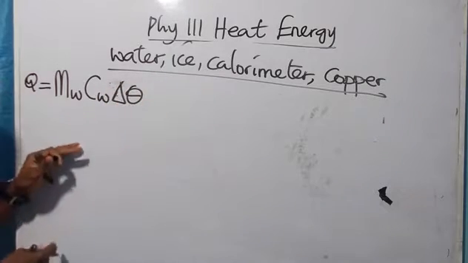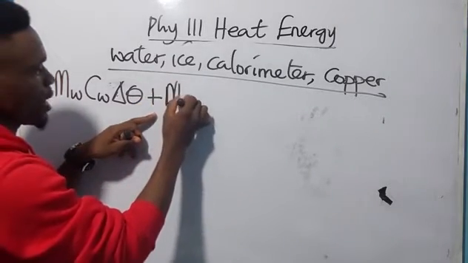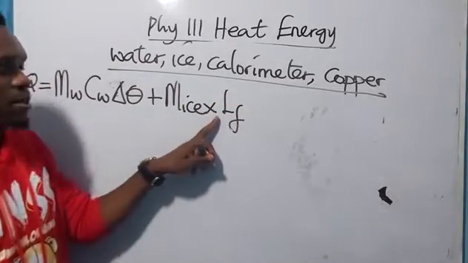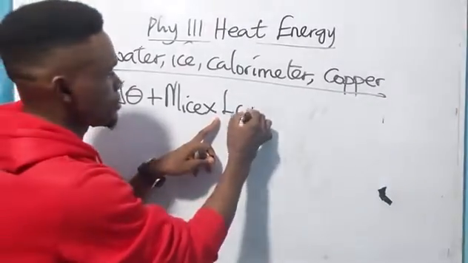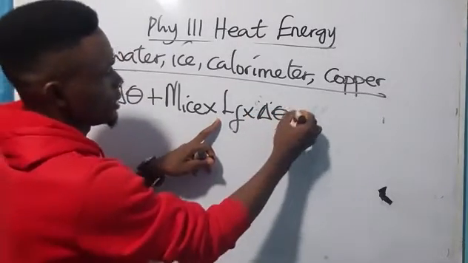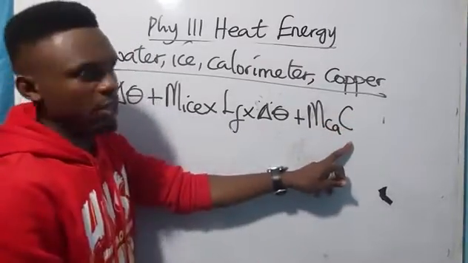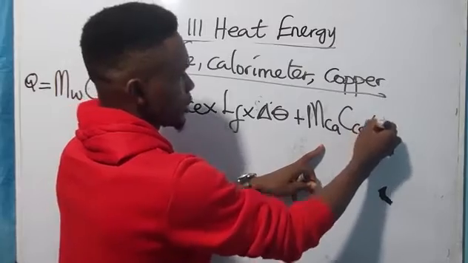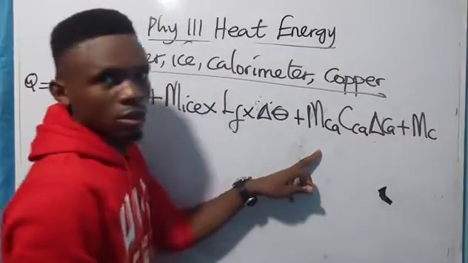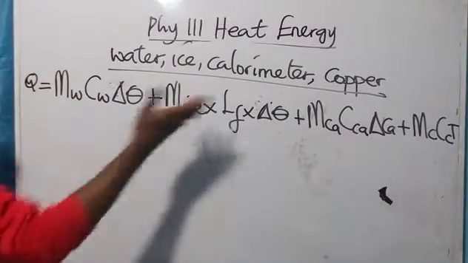That's Q. Then plus the mass of ice times LF, the specific latent heat of fusion, times temperature change. Then plus the mass of calorimeter, specific heat capacity of calorimeter, and temperature change of calorimeter. Then plus the mass of copper, specific heat capacity of copper, and temperature change. That is what you have.